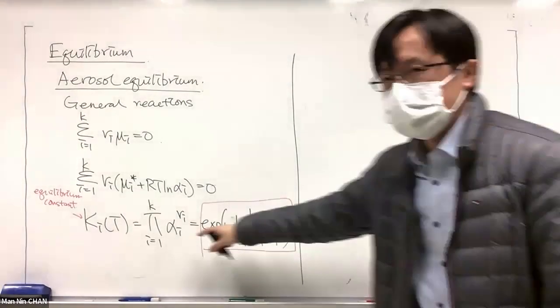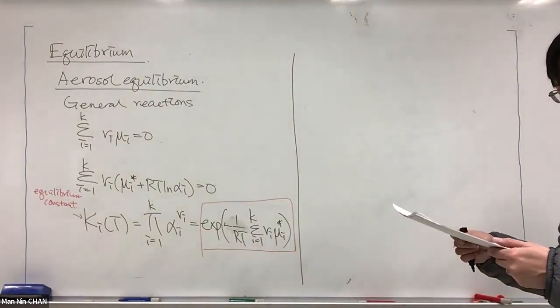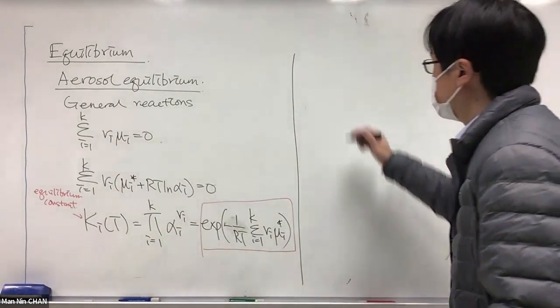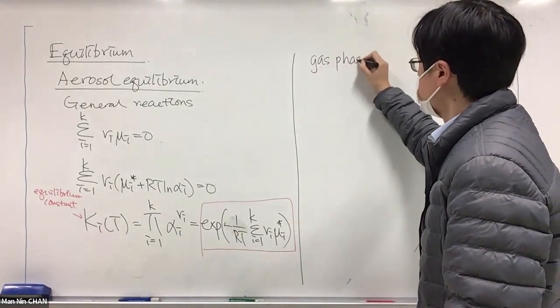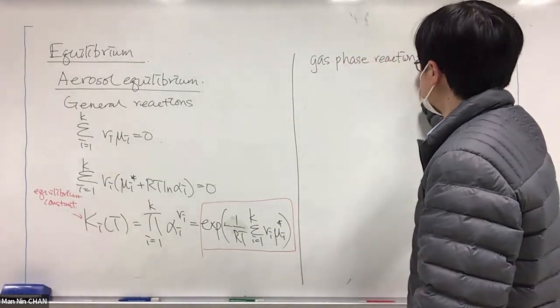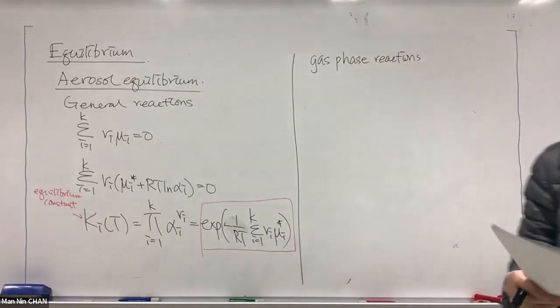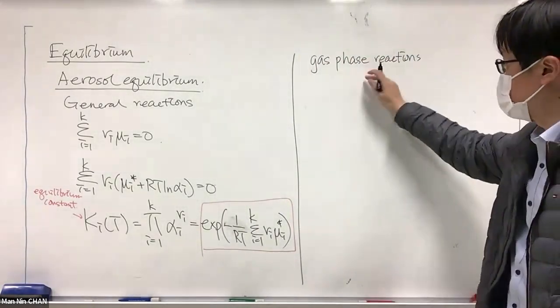Maybe this is not too familiar to some of you. For example, if you consider a gas phase reaction, that means all the species involved in this reaction are in the gas phase.